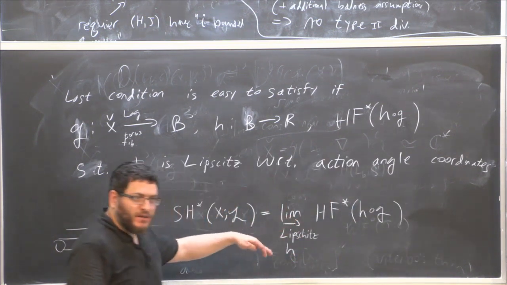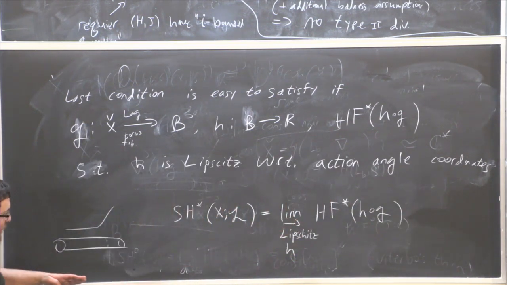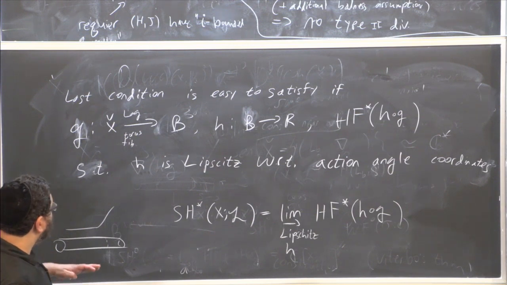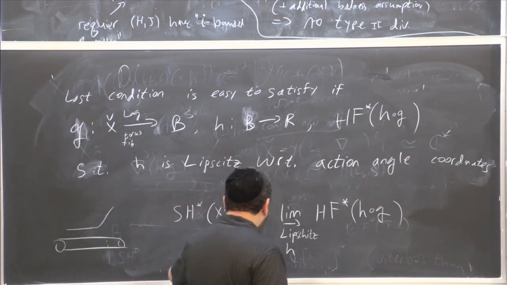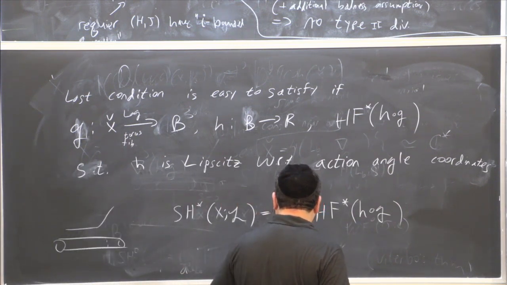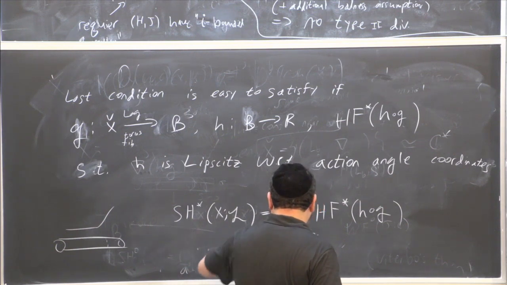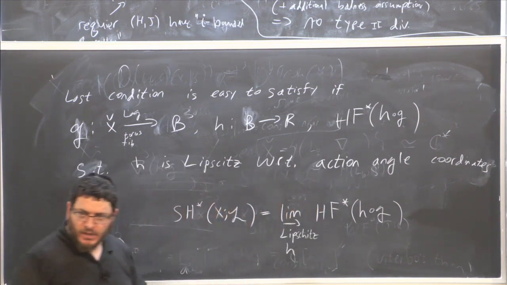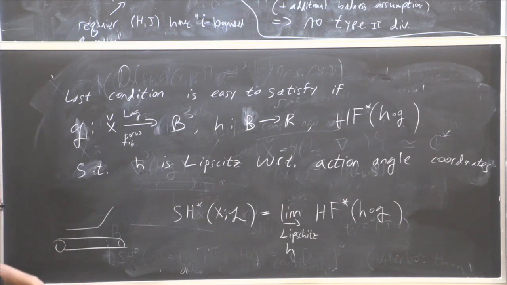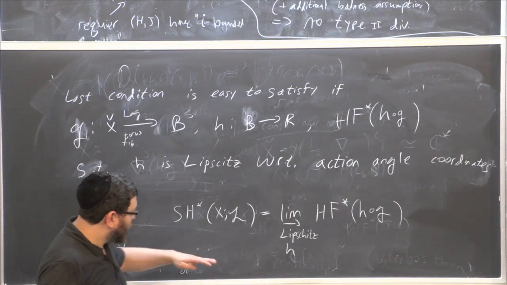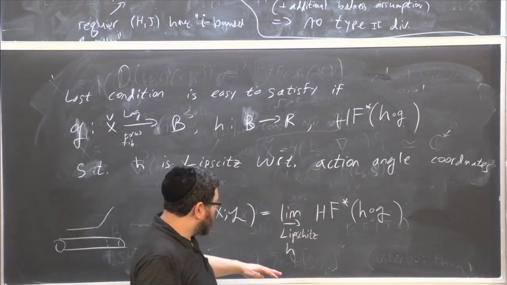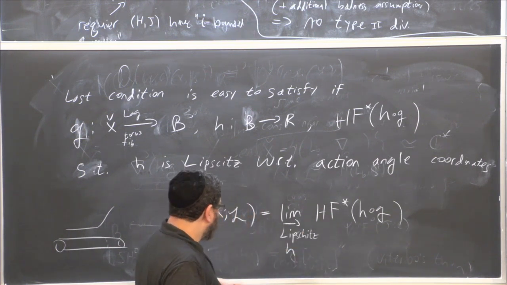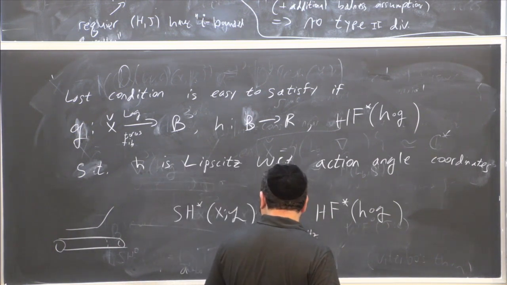I will take a direct limit over such Hamiltonians. This is the definition of symplectic homology, and the definition of wrapped Floer homology of a Lagrangian will be similarly defined using Hamiltonians which satisfy this Lipschitz condition.